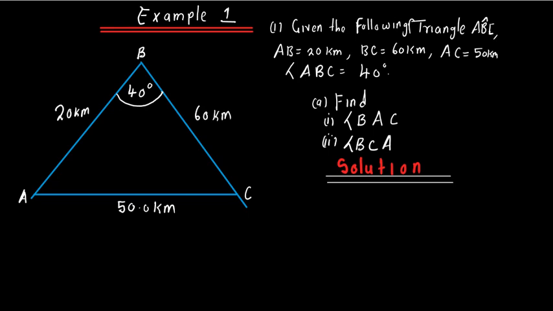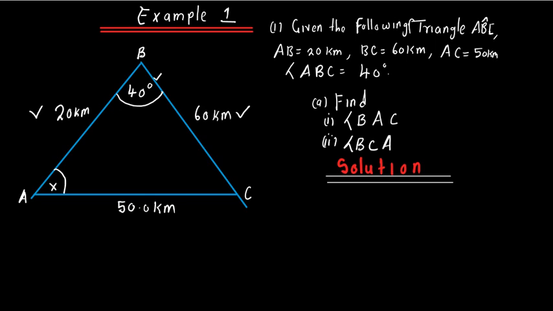What formula are we going to use here? Well, we have this side, and we have the angle. The cosine rule is going to apply. So now, to calculate the angle BAC, which is particularly this angle, we are going to use the cosine rule in this case.